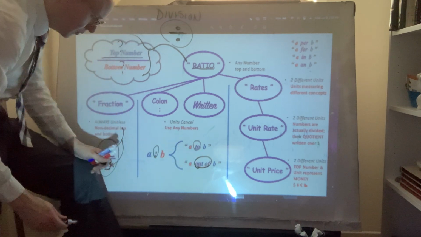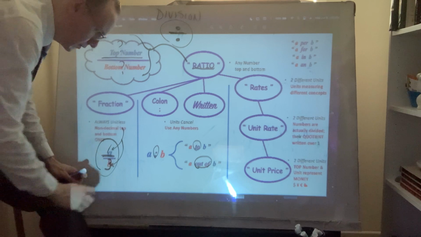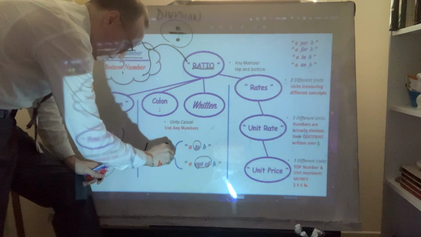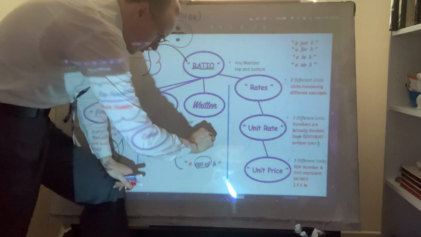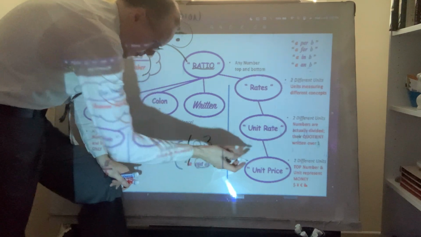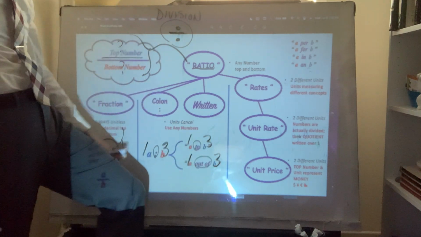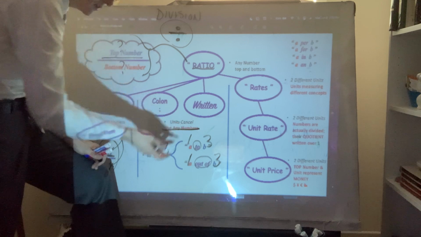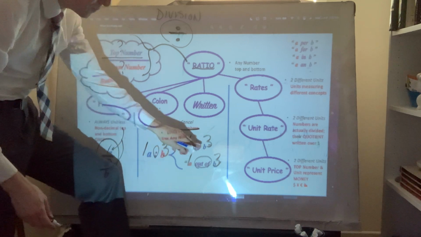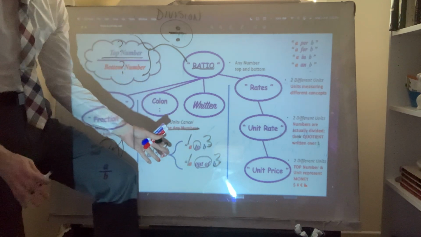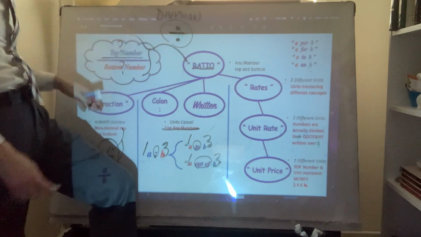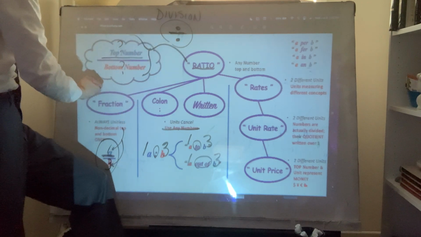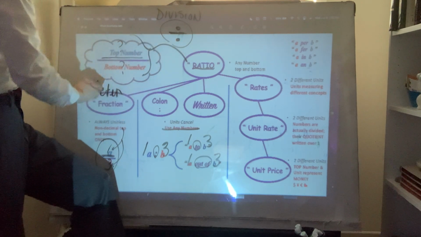So for example, 1:3, you would say 1 to 3, or 1 out of 3. And in this instance, you could use any type of numbers. It could be a decimal figure here and a decimal figure here, because it's a ratio, not a fraction, which is stricter.